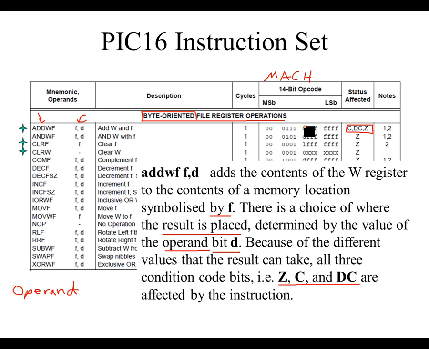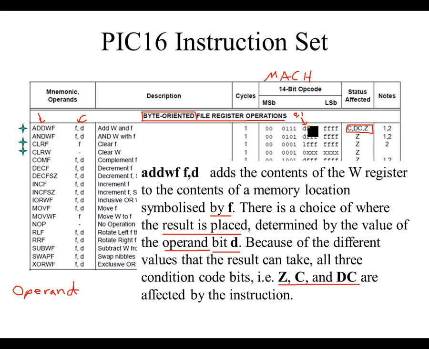If you put a 0 here, it's going to be stored in the W register. If you put a 1 here, it's going to store it back into the F register. And then you have F, F, F, F, F, F, F, which tells you the address location in RAM.